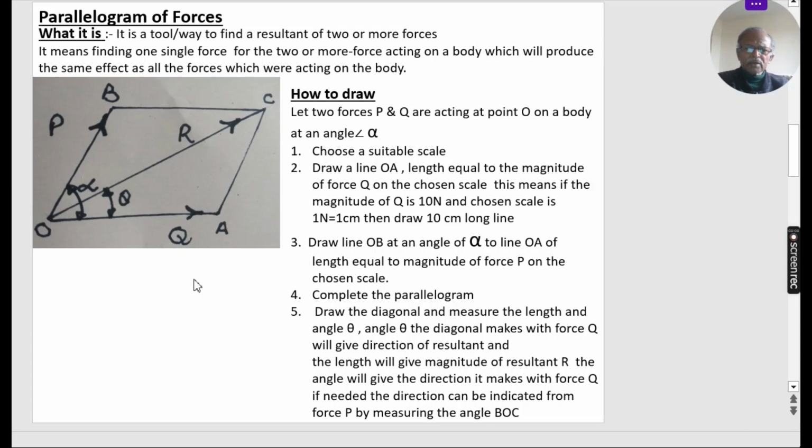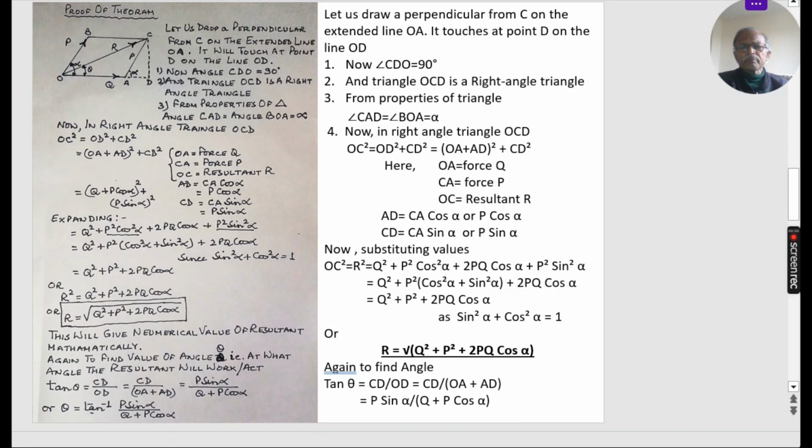Now let us come to the proof. We will give you analytical proof. So what we do, after making this parallelogram, we drop a perpendicular from the point C on the line OA. Since it will not meet because the line is terminating at O, we extend this line, and I have shown it with the dotted line.